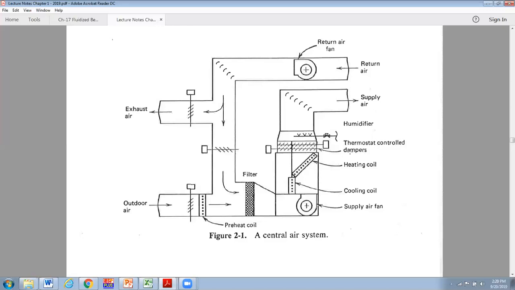So they say thermostat controlled dampers. If it's in the summertime, these dampers are probably going to be almost all the way closed, and we're going to force most of the air across the cooling coil, which makes it cold, and then it mixes with anything to temper it a little bit if we need to do that under the control of the thermostat, and then it goes off to the space to keep it comfortable.